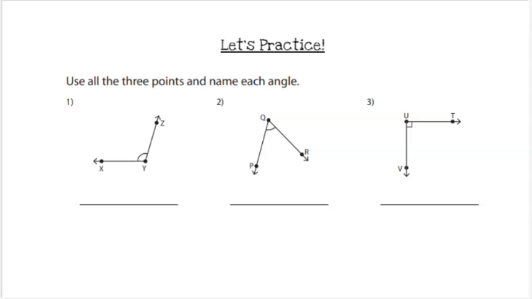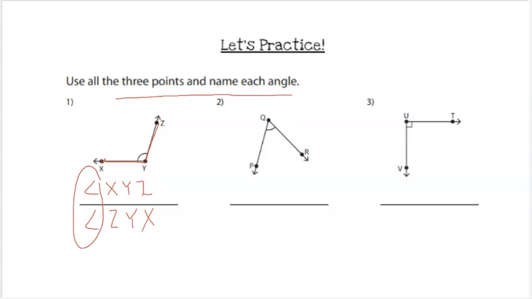Let's practice. Use all 3 points to name each angle. We can start with X, go to Y, go to Z, or we can do angle CYX. Also, make sure that you have that angle marking in the front, because otherwise we also name planes with 3 letters.